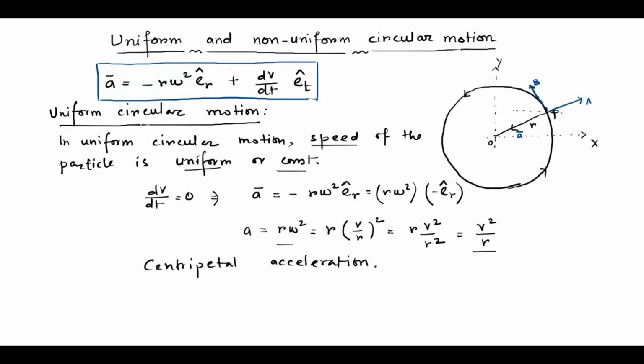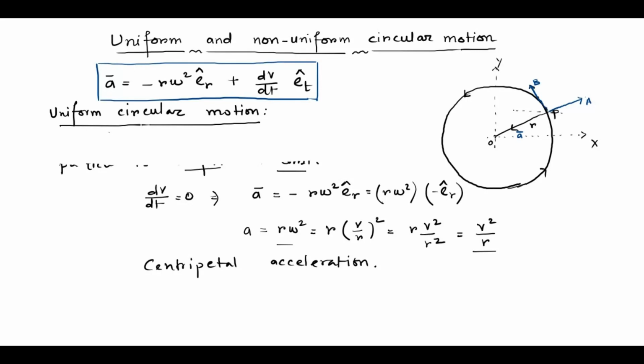Okay, so only centripetal acceleration acts on a particle in uniform circular motion. So what about non-uniform circular motion? Now talk about non-uniform circular motion.